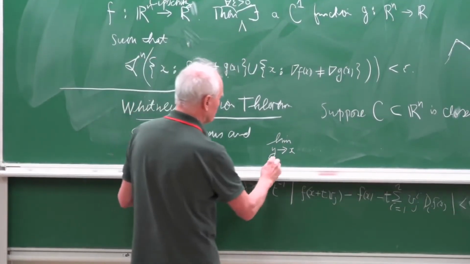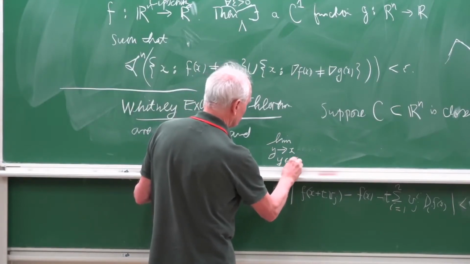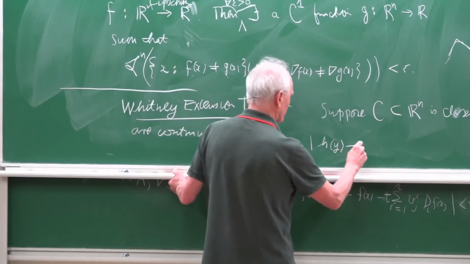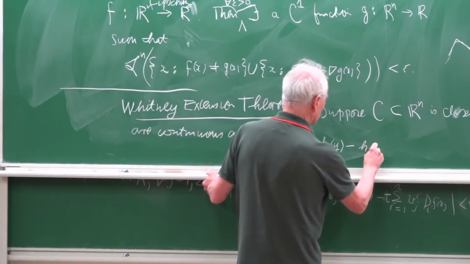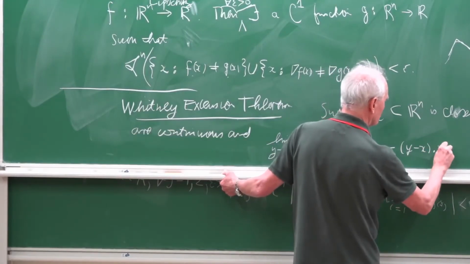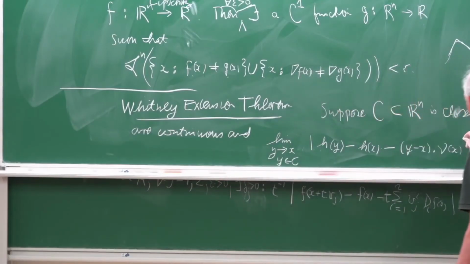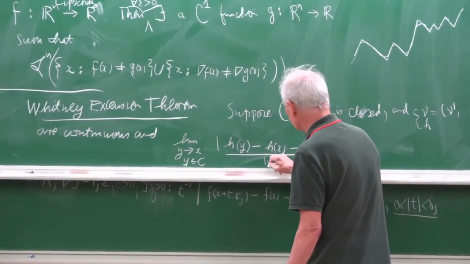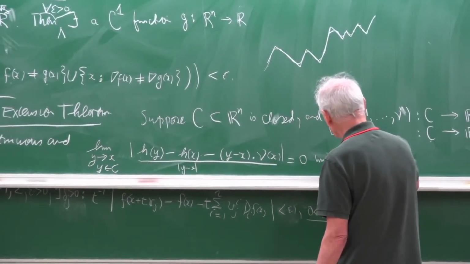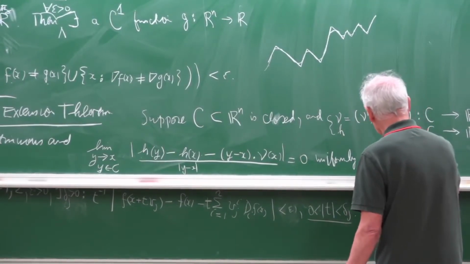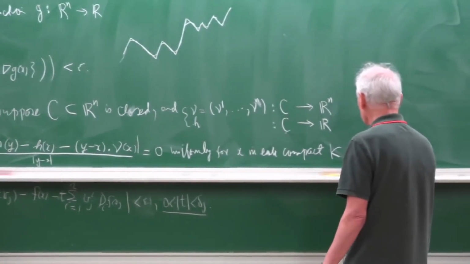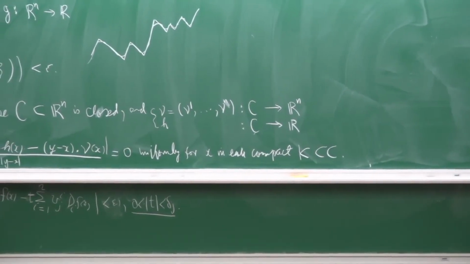The limit as y tends to x, y in C, of Hy minus Hx minus y minus x dotted with this vector function nu at x, that limit divided by the length y minus x, is equal to 0 uniformly for x in each compact subset K contained in C. I'll explain why that's a very natural condition in a minute.